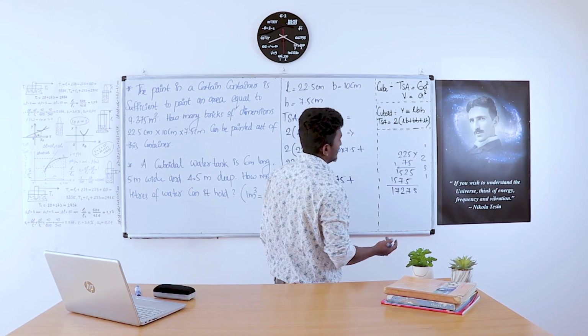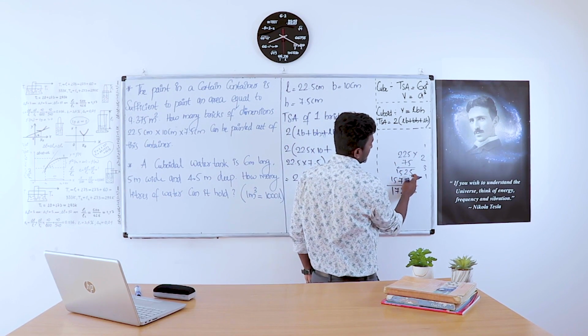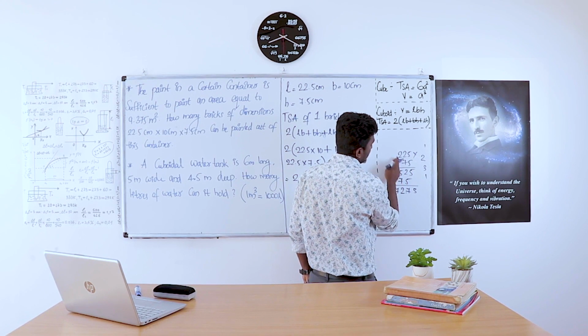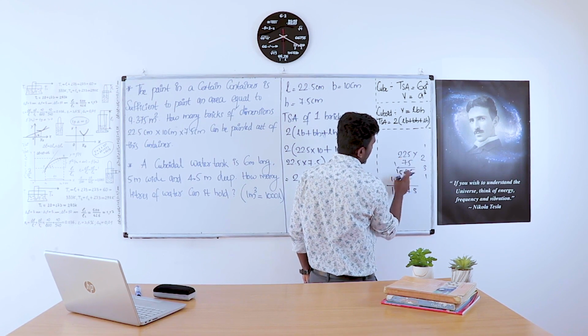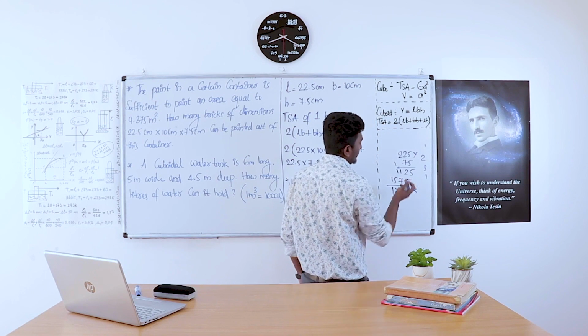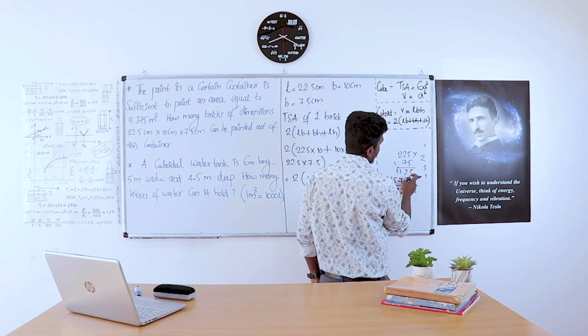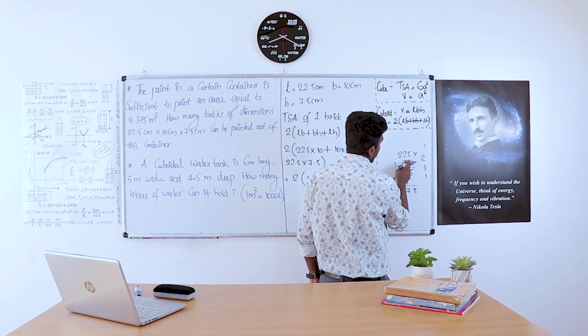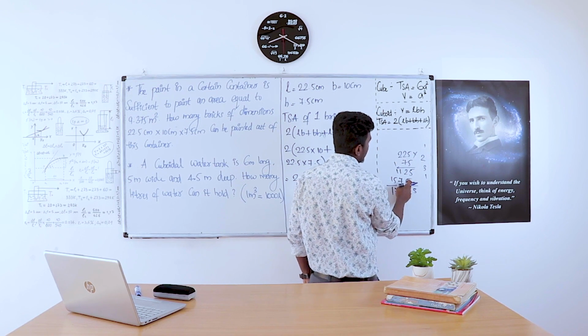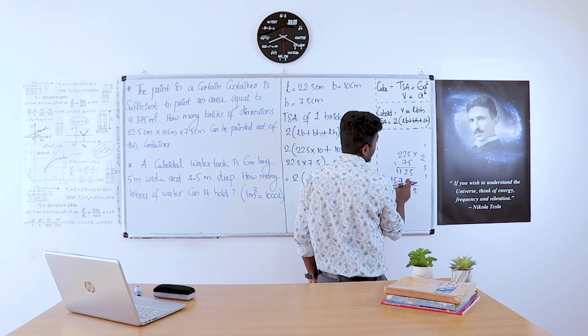Now 22.5 into 7.5. Check once more. 5 into 5, 25. Remainder 2. 5 into 2, 10. 10 plus 2, 12. Remainder 1. 5 into 2, 10. 10 plus 1, 11. Then 7 into 5, 35.